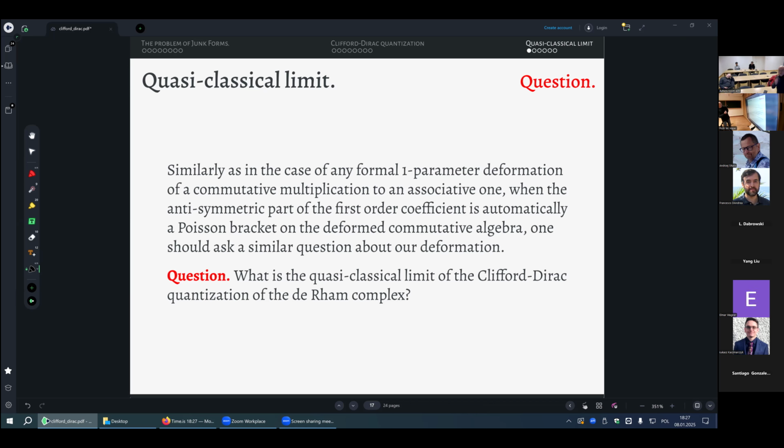Okay, so let's continue. So we know what the quasi-classical limit is now. It's a Poisson limiting structure, the first order deformation in a one-parameter family. So one could and should even ask, what about this quasi-classical limit?